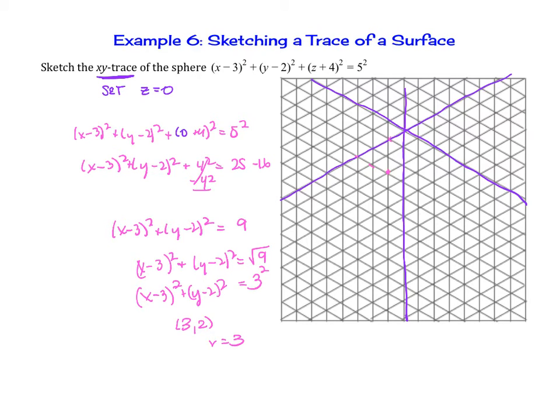So that's the center of the circle, and the radius is 3. So remember, this is the xy trace here, so it's along the flat plane here. So the radius is 3. So here, here, here, and here. Okay, so again, that's the trace in the xy plane.